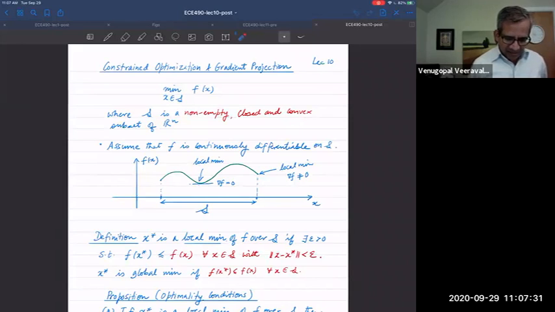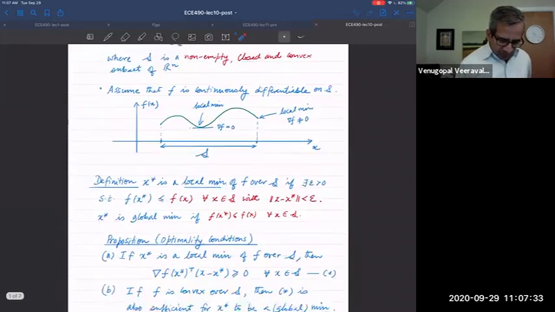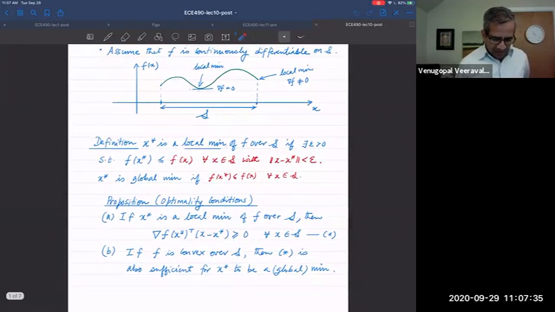Okay. In that case, we can derive some necessary optimality conditions, essentially necessary and sufficient, and the optimality condition is that basically the gradient dot product with x minus x star should be greater than or equal to 0.